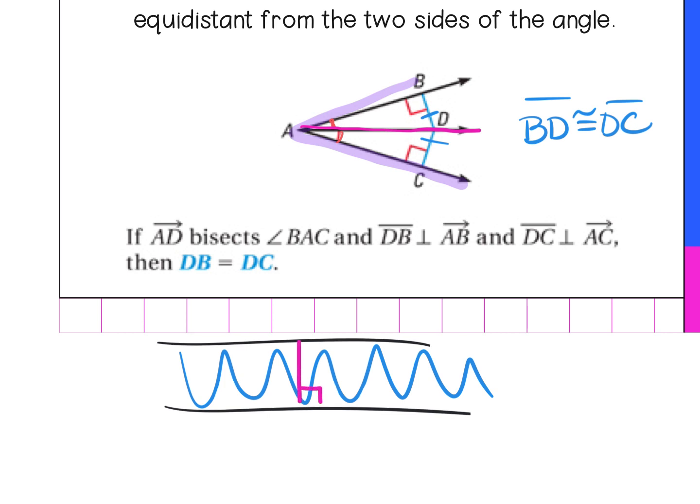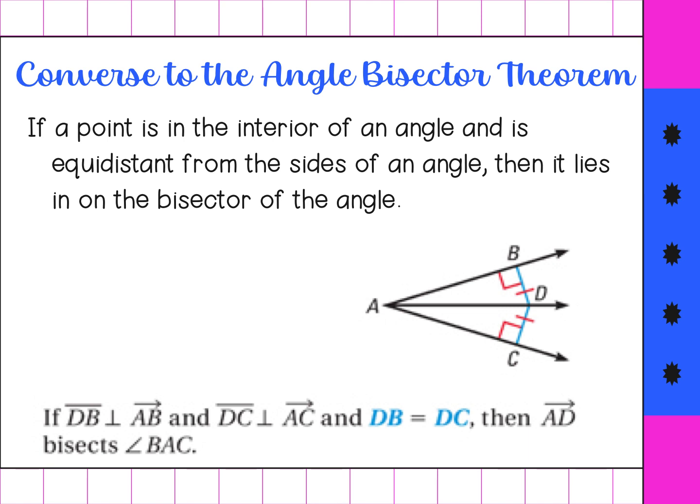So that's what I'm looking for here, the right angle on that segment to indicate that it is the perpendicular segment. Now we're going to see the converse of the angle bisector theorem, where we switch the if and the then. So if a point is in the interior of an angle and it's equidistant from the sides of the angle, then we know that it lies on the bisector of the angle.